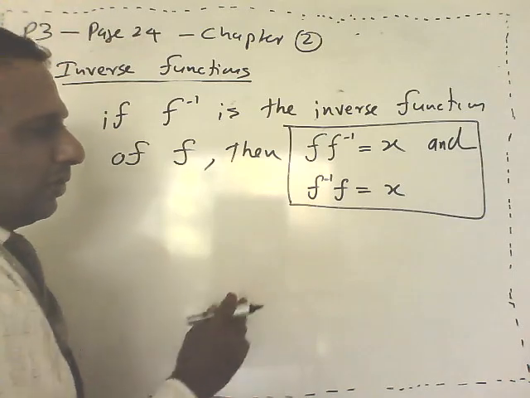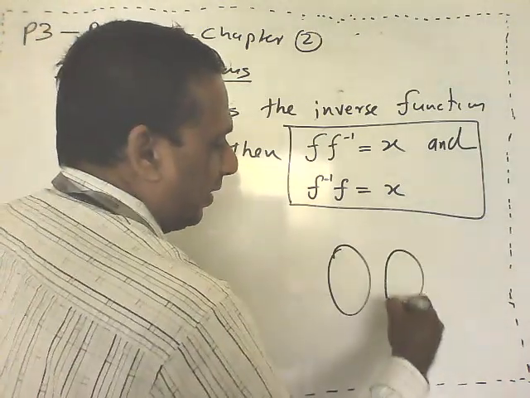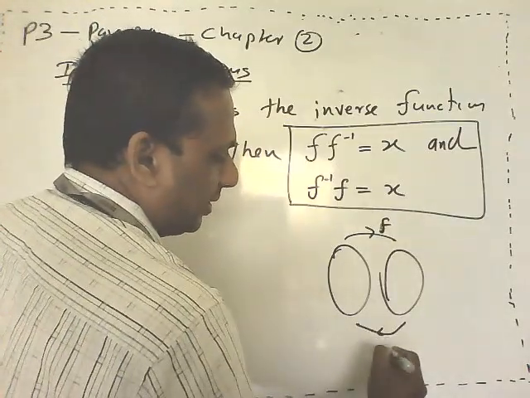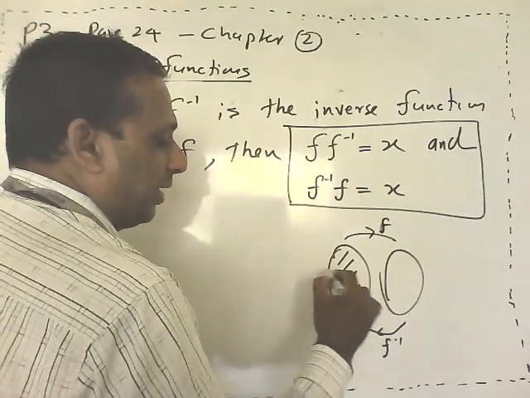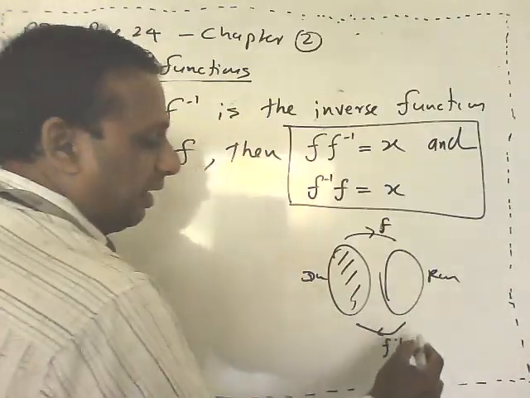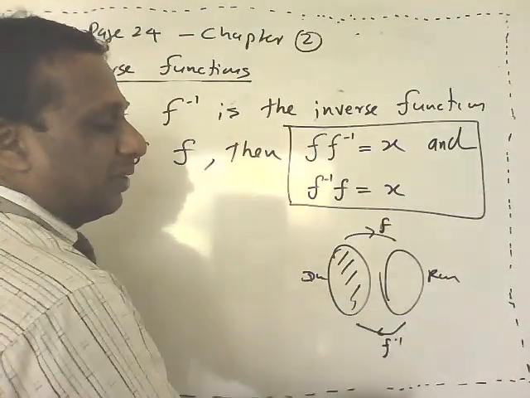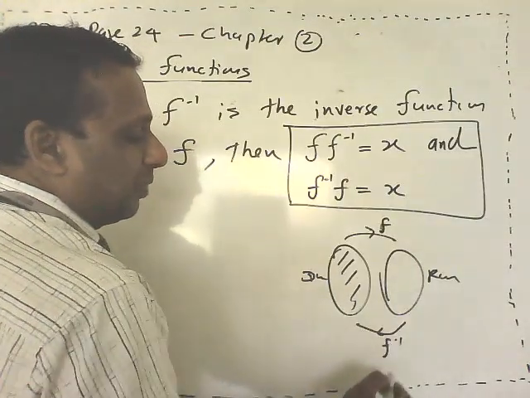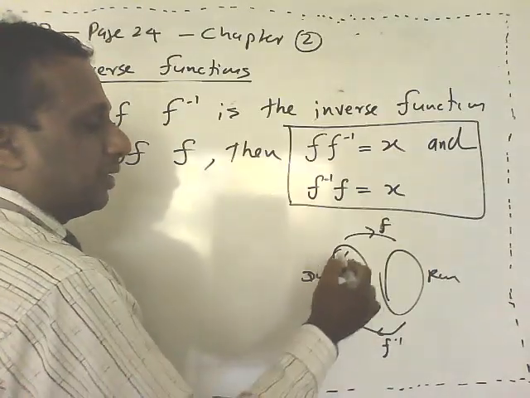Another thing, when we take the inverse function, f is going like this, and f inverse is like this. If you take this as the domain and this as the range, f inverse should have the range of f as its domain, and it should give the output as the domain of f.